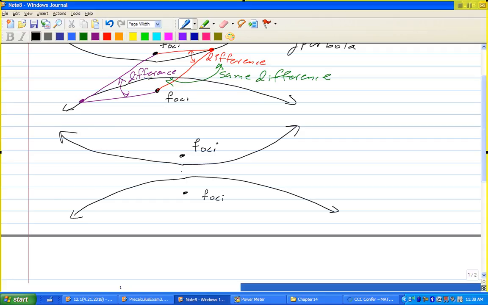So if I take the midpoint of these two foci, this will be called the center of your hyperbola.